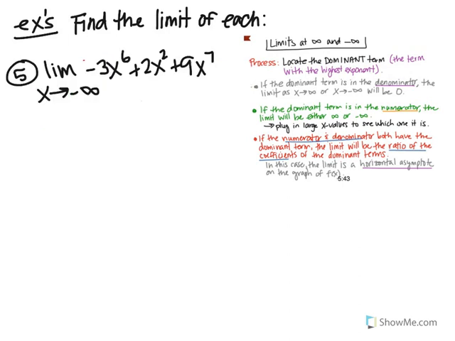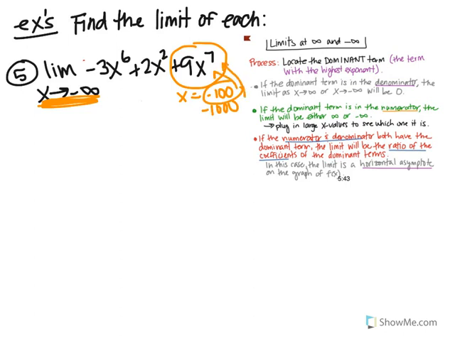So this next example, it looks like our dominant term is this right here, this 9x to the 7th. But notice what x is doing. It's becoming more negative. It's approaching negative infinity. So if I were to plug in x values into here, let's just say negative 100 and then negative 1,000, and x gets smaller and smaller and smaller, what's going to happen to this term right here?